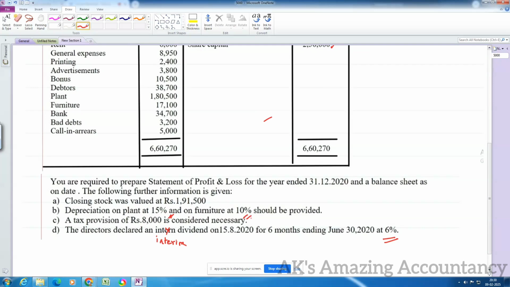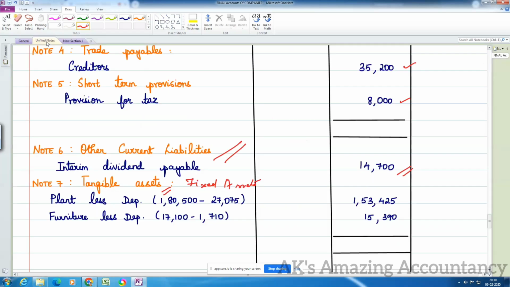Okay, it was already considered when we prepared the statement of profit and loss. Now once it has to come in the balance sheet also, you will have to deduct the depreciation amount from the respective assets concerned. So from plant you will be deducting 15% and from furniture you will be deducting 10%. Okay. So this is what we have done now. So this is 15% which we have deducted from plant, and this is 10% which we have deducted from furniture.